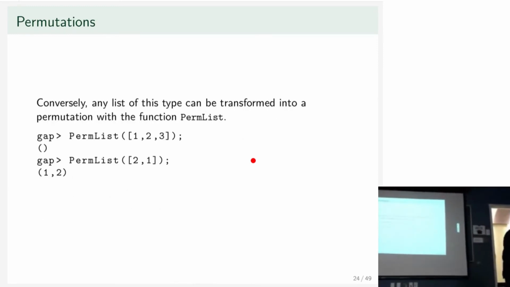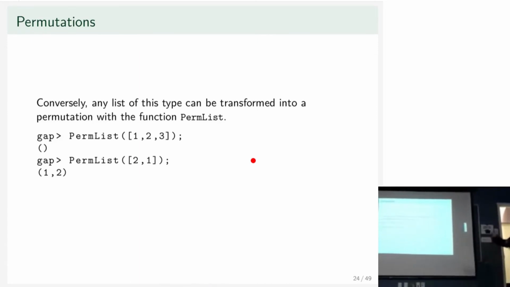Very good. So, and of course, you have the inverse function, right? So how to get a permutation from this list. Okay. So remember, this list is not a permutation, but if you want to make a permutation out of it, well, this is the function you need to use. If you think that this sent 1 to 1, 2 to 2, and 3 to 3, of course it's a permutation, right?